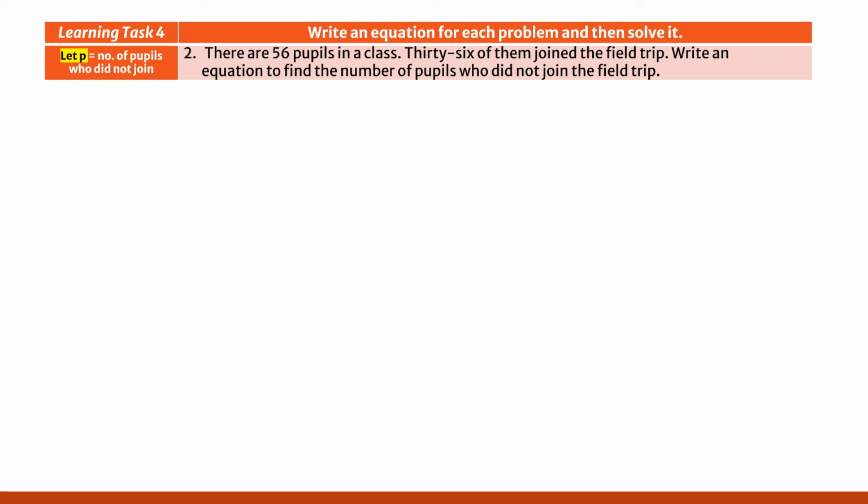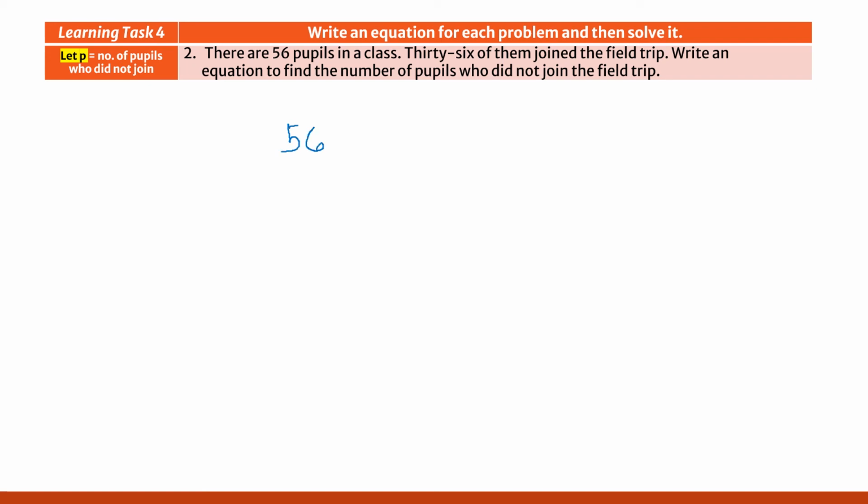Problem number 2. There are 56 pupils in a class. 36 of them joined the field trip. Write an equation to find the number of pupils who did not join the field trip. So, write an equation. Eh di ibig sabihin, kung merong total of 56 pupils, okay?